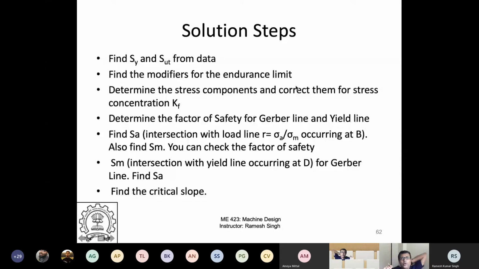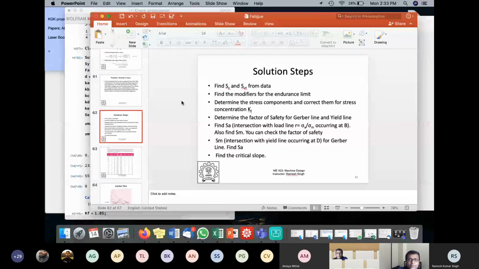Okay. How do I find the modifiers? Which is the first modifier? I'll stop sharing this one and share the other screen so that it will be clear. Then I'll come back here and do some computations. Can somebody tell me what are the things which we have to find out? What are the modifiers, if you remember from the previous term?